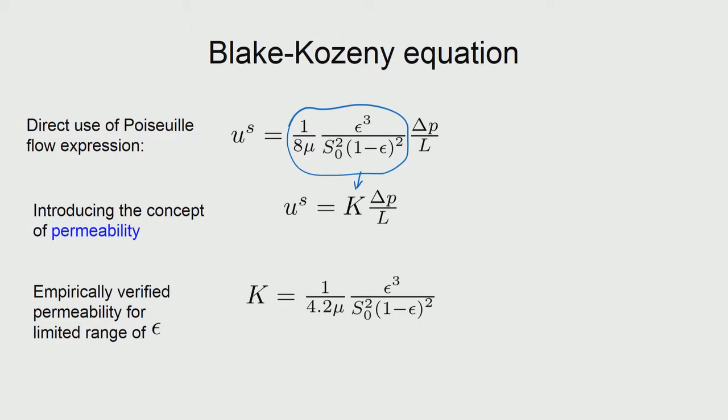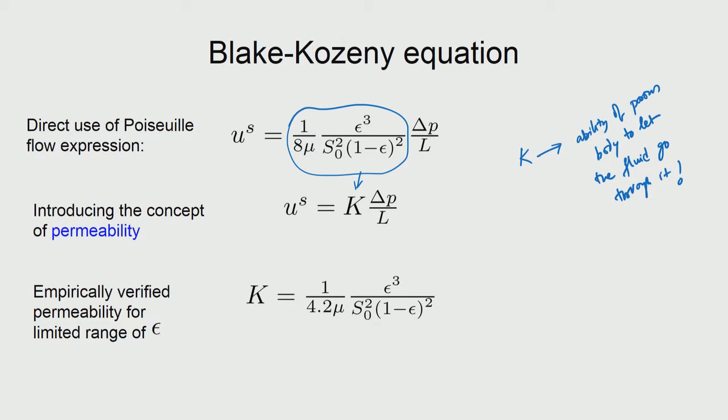Now, what does k do? So, k basically tells you the ability of the porous body to let the fluid go through it. Okay.